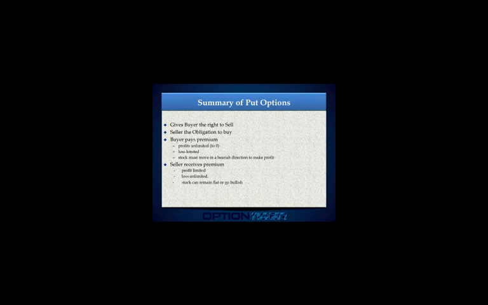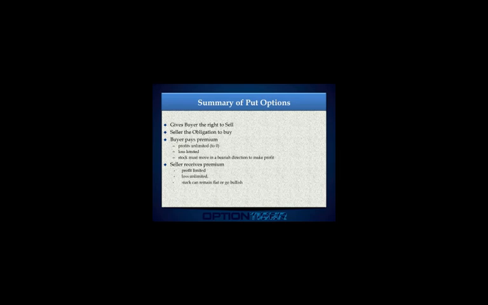So a put option gives the buyer the right to sell the stock, and the seller has the obligation to buy the stock. The buyer pays a premium for this right, and his profits are unlimited or very large because the stock can go to a maximum of zero on the downside.